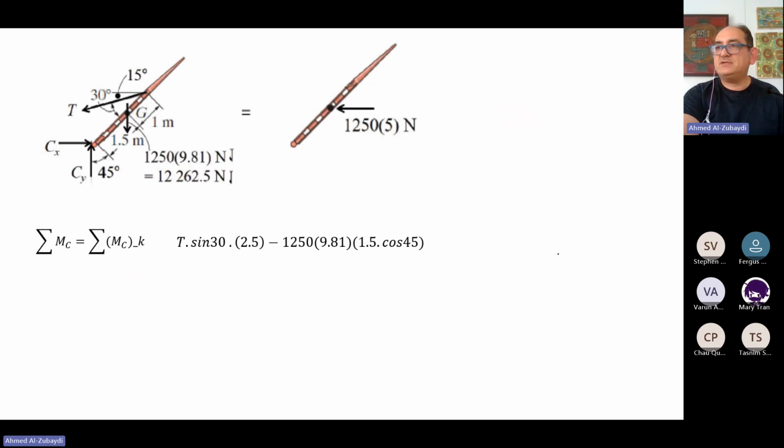So that's what I just mentioned. That was the moment equation I started first, and you can see in the moment equation only T is unknown, so I can solve for the T.